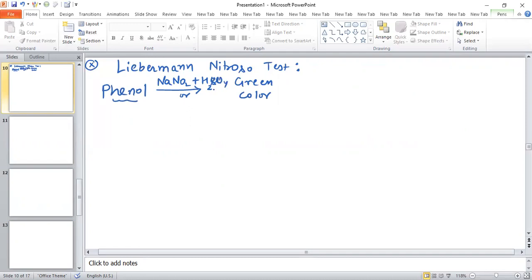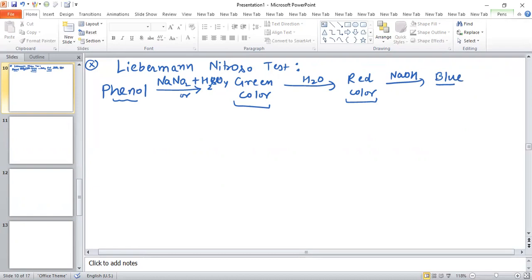So in the presence of H2SO4, this reaction will occur and a green color is obtained. When we add water, this green color will change into red color. And when we add NaOH, it will convert into blue color.